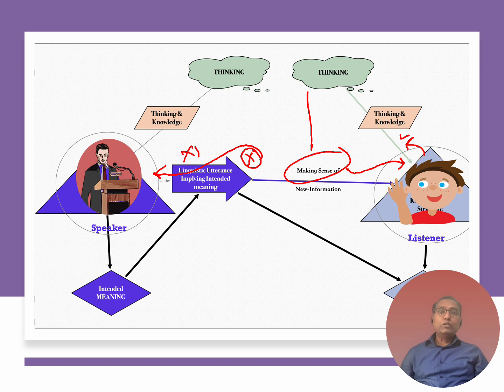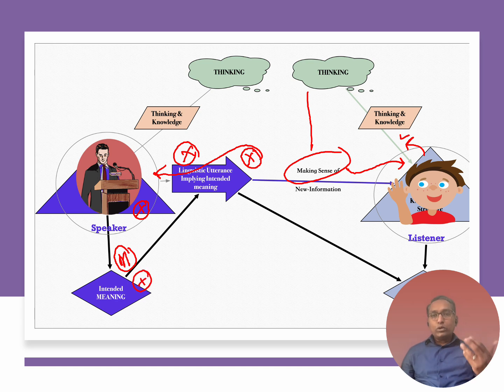Now, with this linguistic utterance, the speaker is trying to convey some meaning or some information that the speaker might have generated based on the thoughts he had produced or based on the knowledge structures he has. So he thought about stuff as a process within the knowledge structure the speaker has and came up with an idea, a meaningful idea. And that meaningful idea is the intended meaning.